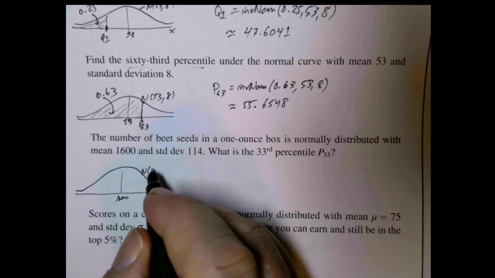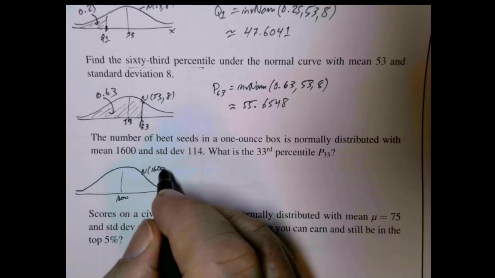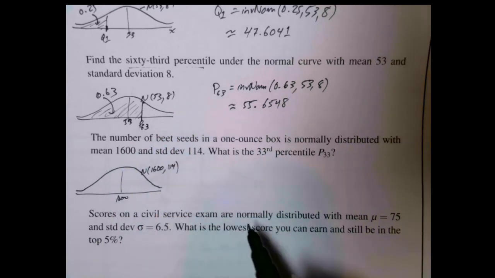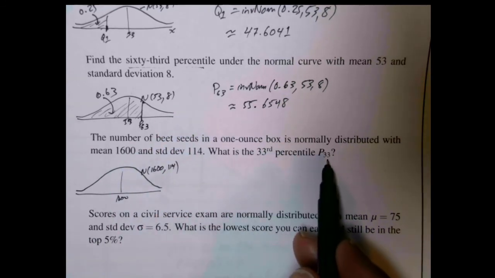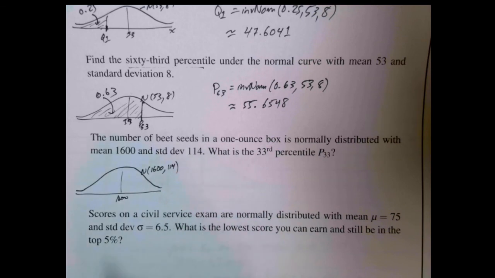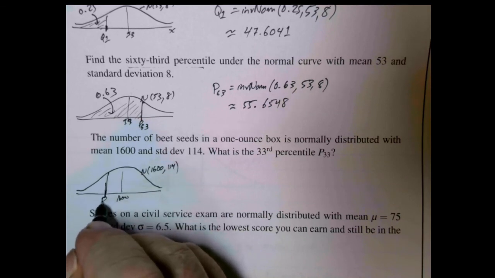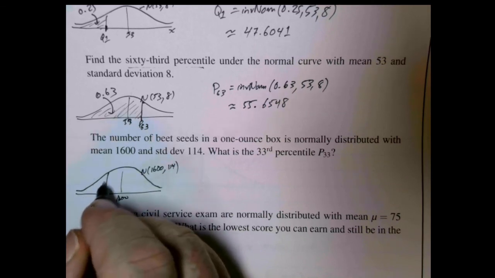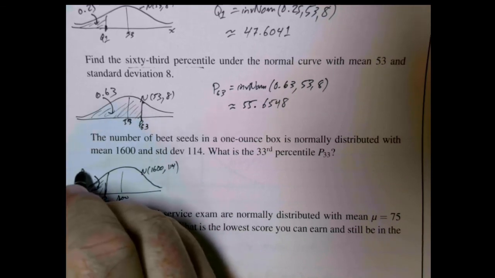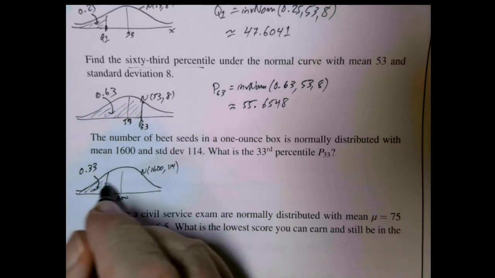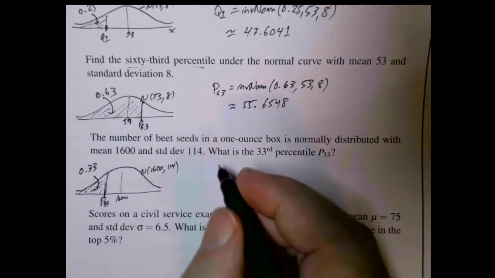This is the normal curve for 1600, 114. And we're asked for the 33rd percentile P33. Just like the one before it, P33 is going to be the point so that the area to the left of P33 is 0.33, 33% of the whole, because the whole is 1.